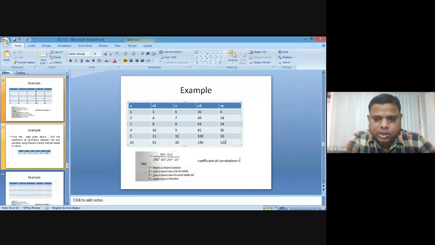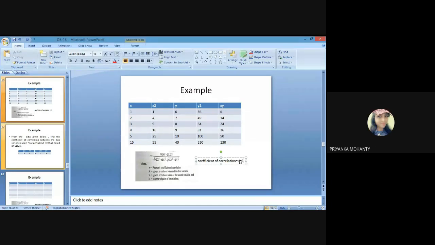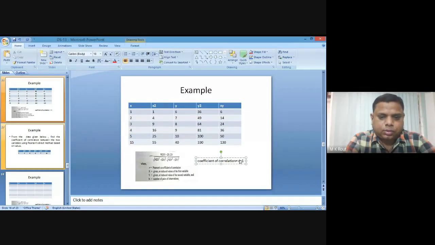Okay, here the answer is how much? So what is the value of n here? 5. N is 5, correct. So you multiply 5 into summation of xy, that is 130, minus summation of x, which is 15, into summation of y, which is 40.